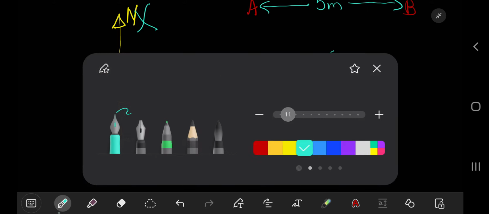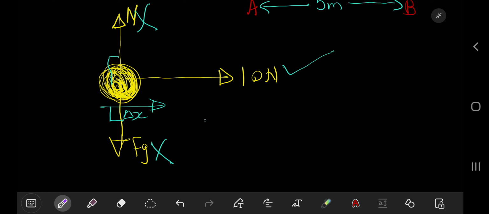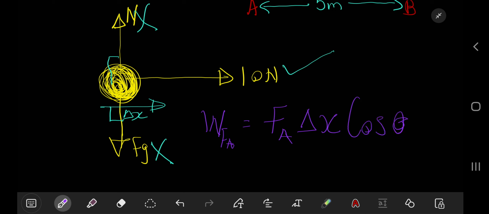Now, can we calculate the work which is done by that applied force? So the work done by the applied force is the force multiplied by the displacement, multiplied by cos of the angle between the force and the direction of the displacement.